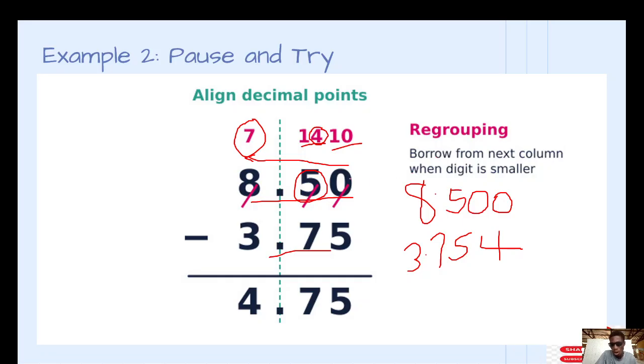The next column when the digit is what? Smaller. In here, 0 is smaller compared to 5. That is why we need to borrow from the next column, 5, to make it 10 so that you'll be able to do the subtraction accurately. I believe you are getting on course with this explanation here.